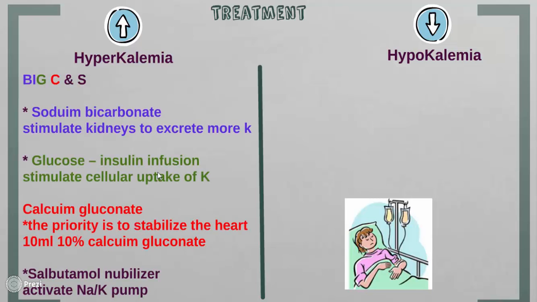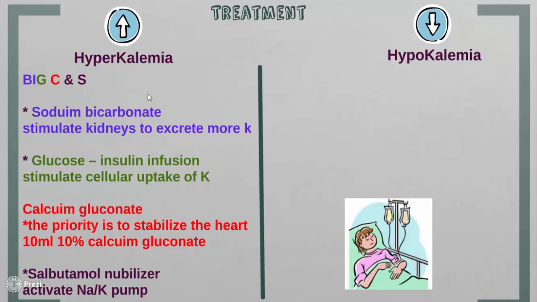For hyperkalemia, there is a mnemonic: Big C and S. Big BI for sodium bicarbonate, which stimulates the kidney to excrete more potassium. We need to get rid of potassium either in the urine or in the cells.